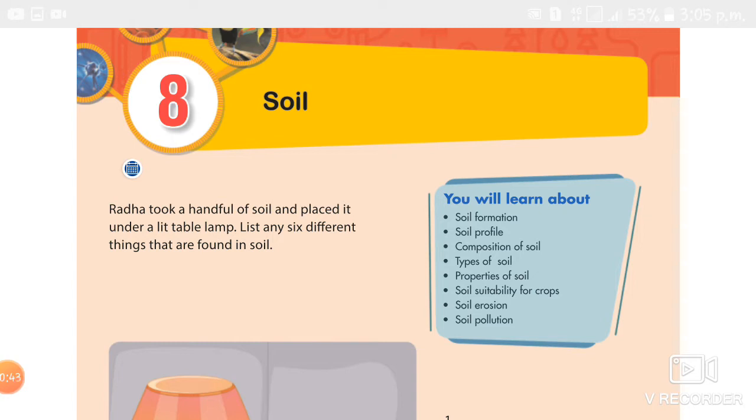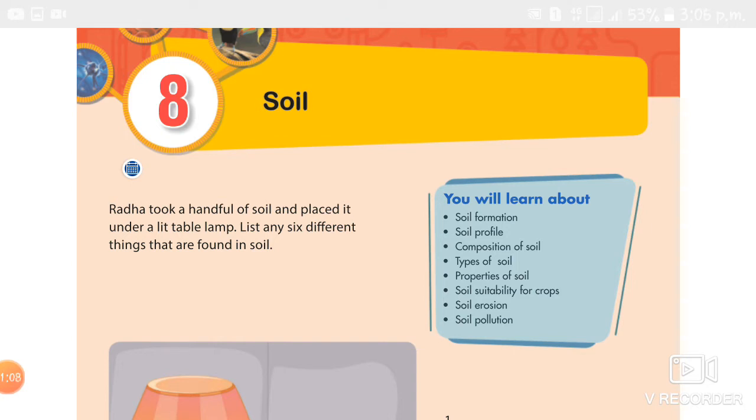Have you seen any organisms? What are they? Can you say any names? You must be familiar with earthworms, right? There are also soil beetles, soil mites, nematodes, millipedes, centipedes, ants, and termites.